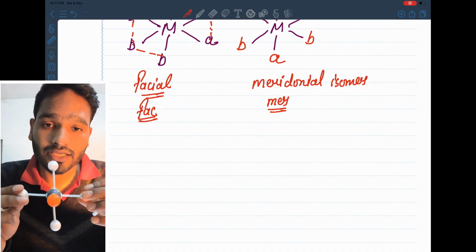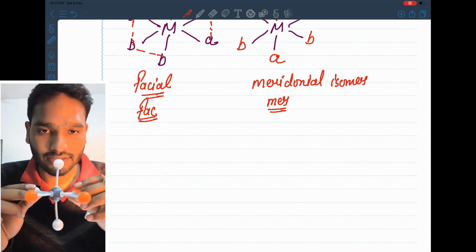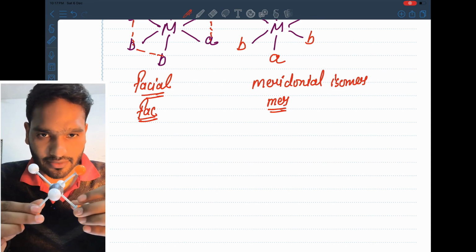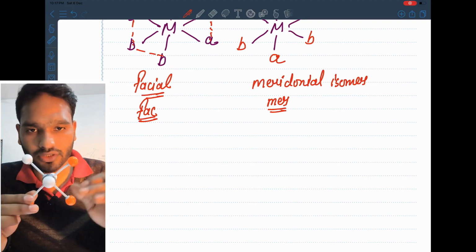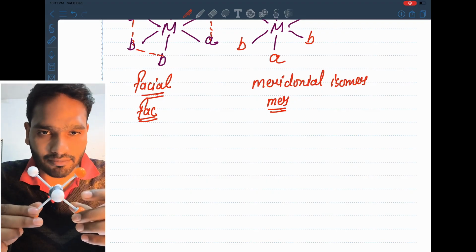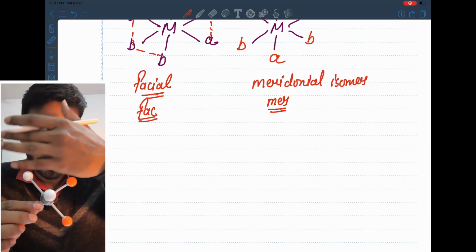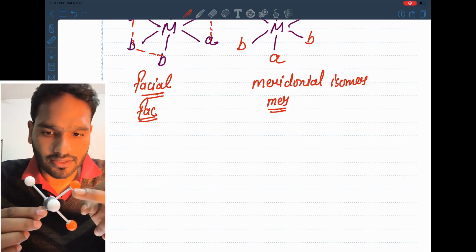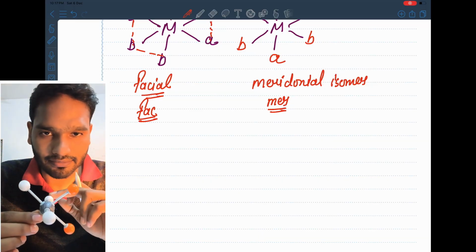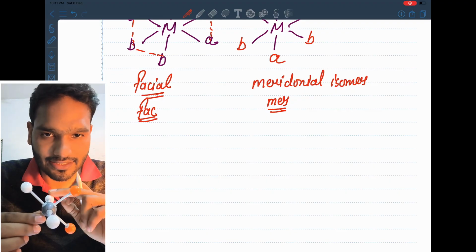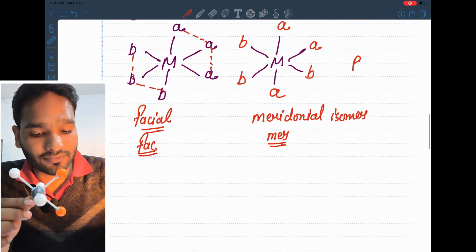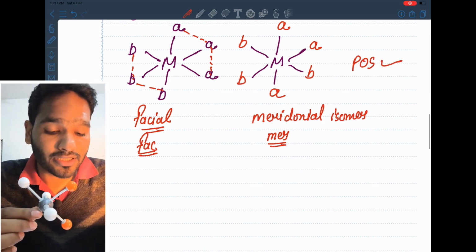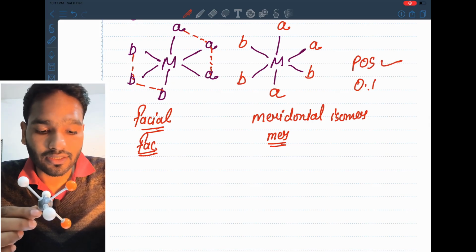There will always be one plane that will cut these 2 atoms and these 2 atoms, cutting 1, 2, 3 and 4. So this ligand is reflecting this ligand. So in case of meridional, POS will be there, so it will be optically inactive.